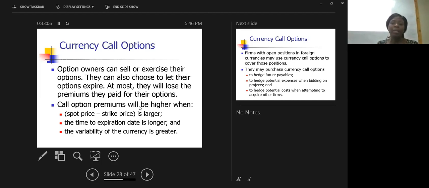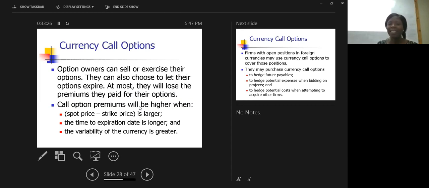Call option premiums: these options have value and are always being traded, so when will the price of the option itself be higher or lower? I'm positive you did this in more detail in derivatives.